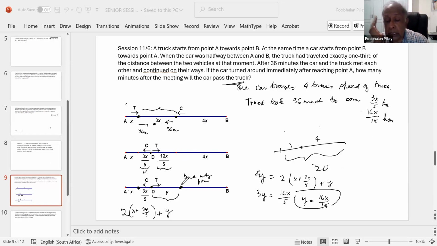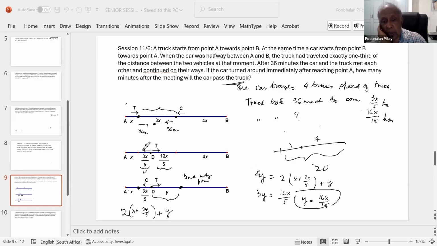You want to know how long it took to cover that distance? This is when they will meet again. So this is a problem. If it took 36 minutes to cover 3x over 5, how much would it take to cover 16x over 15?